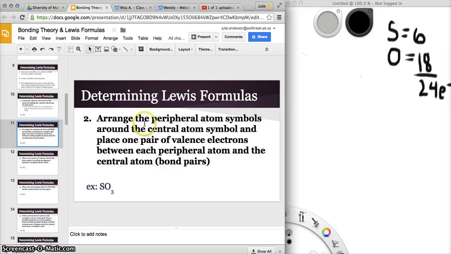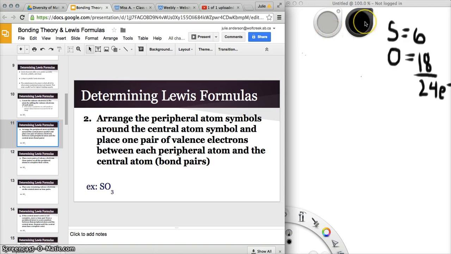So then I need to arrange the peripheral atom symbols around the central atom symbol and place a pair of valence electrons between the peripheral atom and the central atom, to make these bonding pairs. Now in this case with sulfur trioxide, I'm going to use sulfur as my central atom.